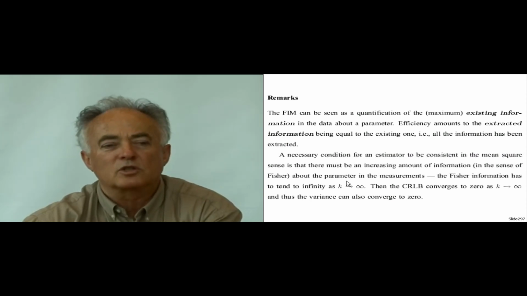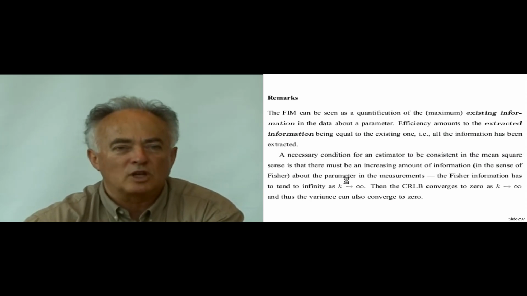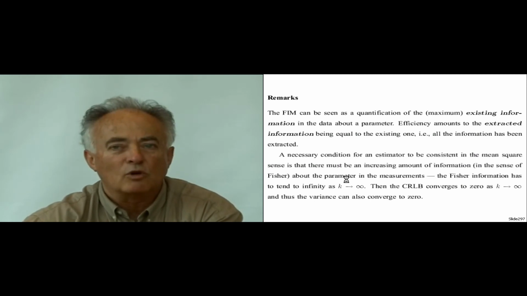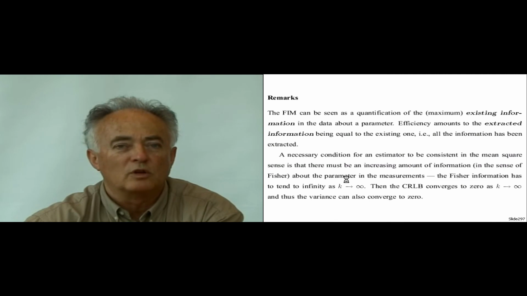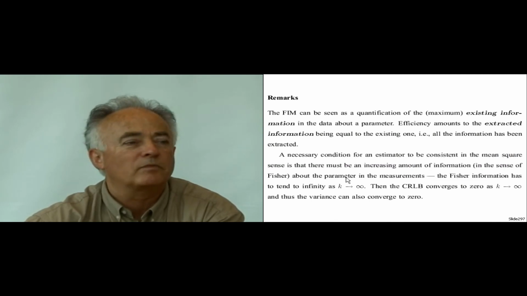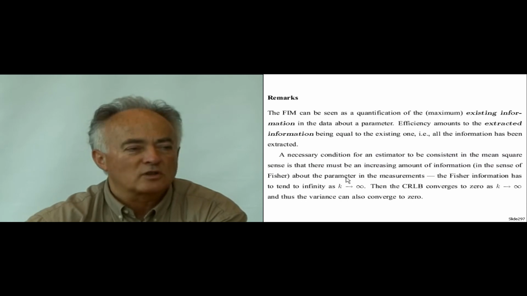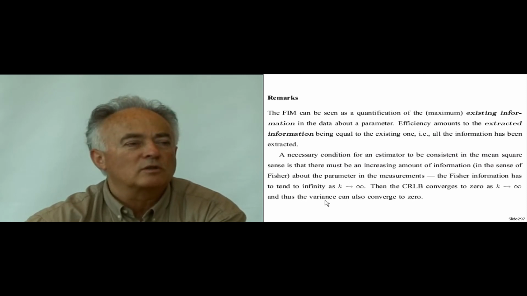If J goes to infinity, then J inverse goes to 0, then you have a chance of converging also along that. Otherwise, you have to stay above 0. So the variance converges to 0, or can converge to 0, if the Fisher information tends to infinity.